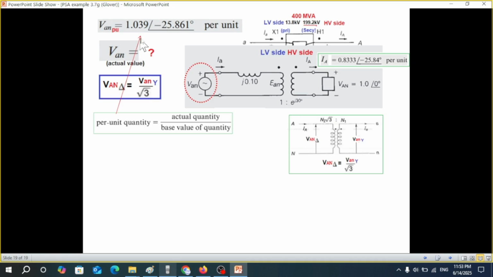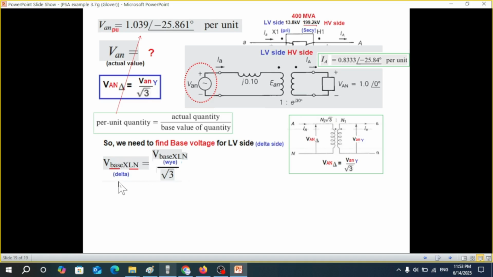Per unit quantity was this one. And we need to find the base quantity to find the actual one. To find the base quantity of the low voltage side, that is the delta side, we'll use this formula. So this is the formula. Base delta will be base Y divided by under root 3.